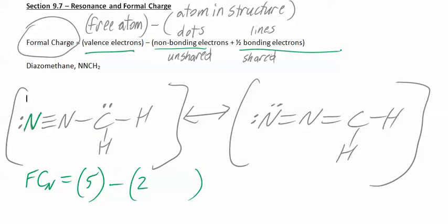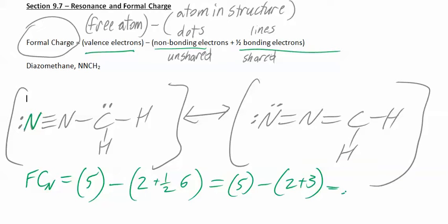Bonding, the lines, it's sharing 2, 4, 6, so we take half of the 6 that it's sharing. That's 5 that it would have by itself, minus 2 plus 3 that it has in the structure. 5 minus 5 gives us a 0 formal charge for that nitrogen in green.